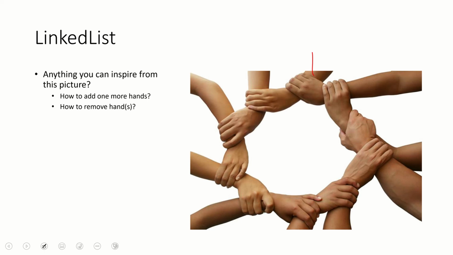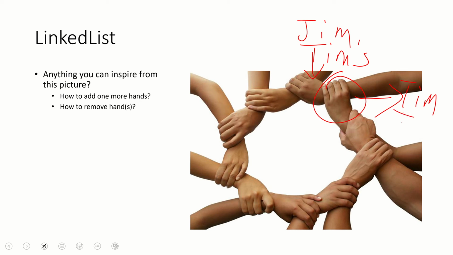So for example, this one is Jim, and Jim will know the next hand, which belongs to, for example, Tim. Which means this hand has to be Tim, right? If Tim knows the next one is James's hand, which means this hand has to be James, right?